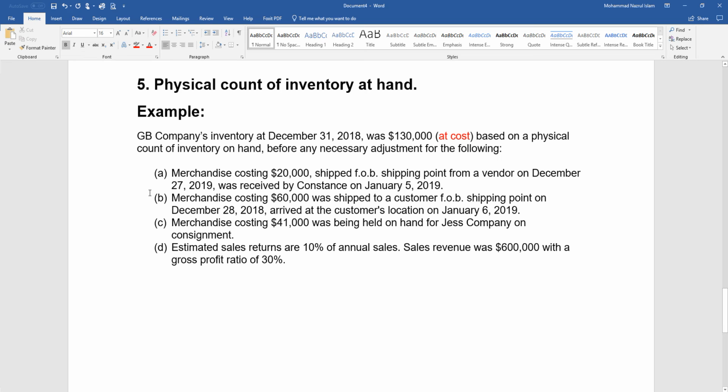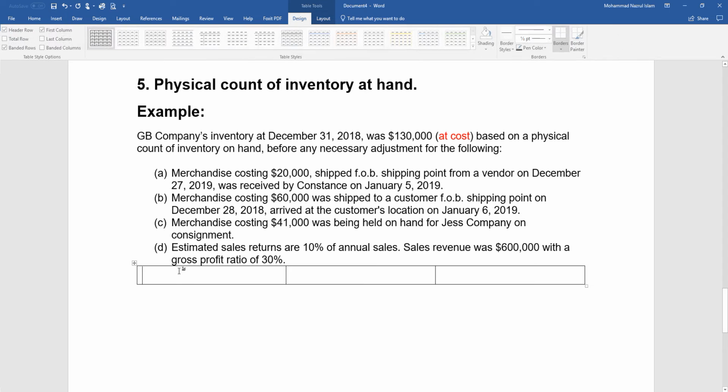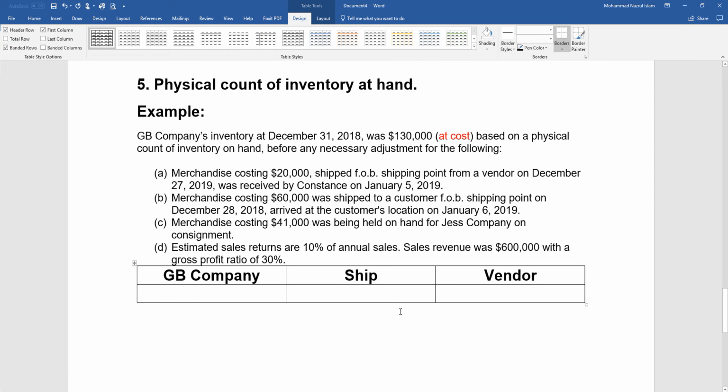So here, let me insert a table. Okay, here GB company is the buyer, and this is the ship in between GB company and another vendor. So what should we do? Let's see, buyer and seller, and the term is shipping point.